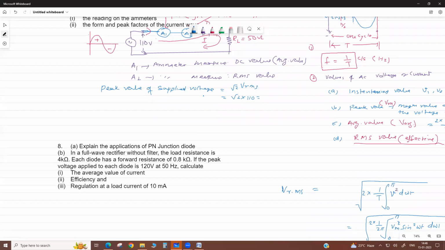It gives VM, the peak or maximum value. We get 155.56 volts.